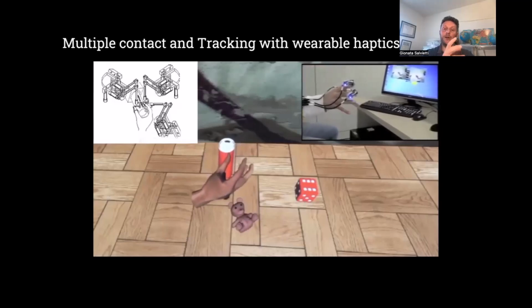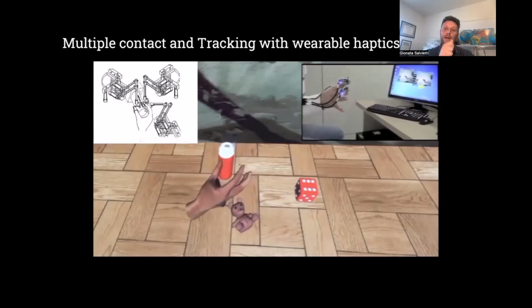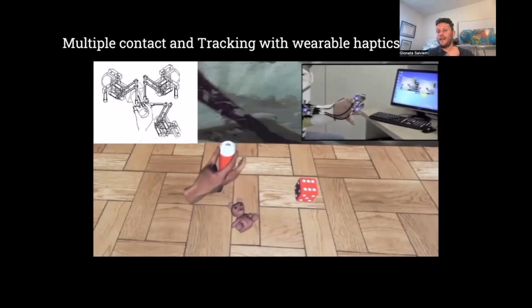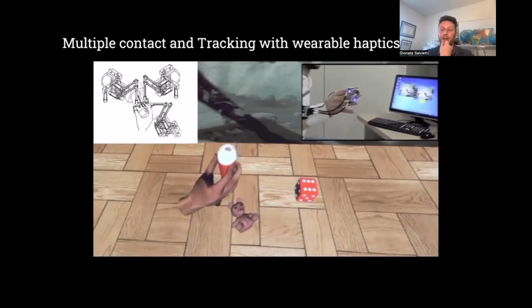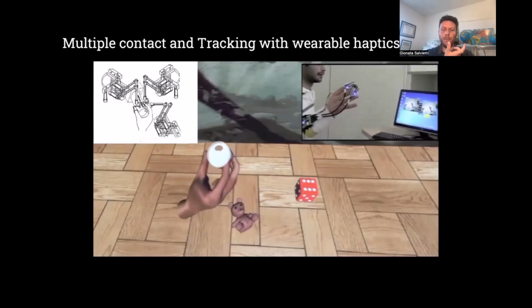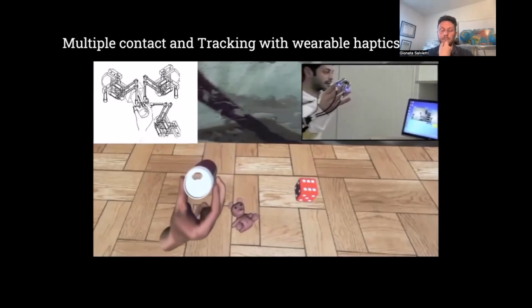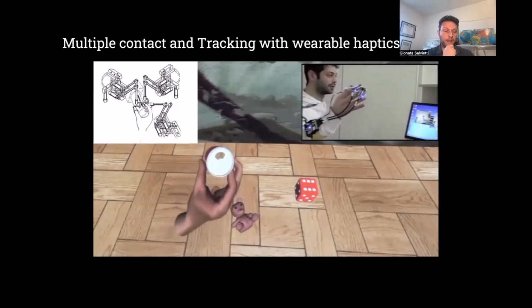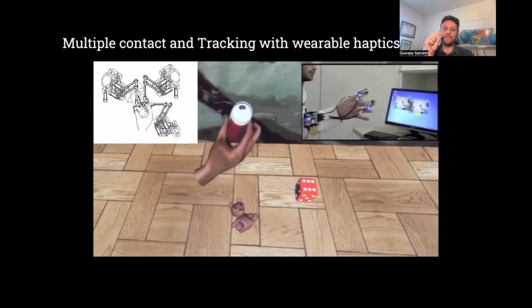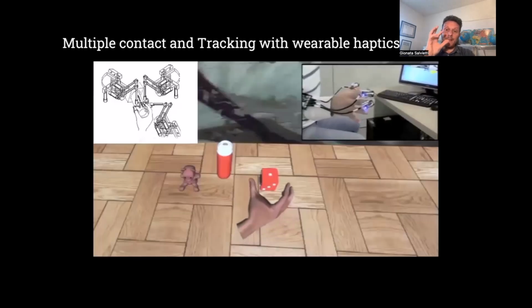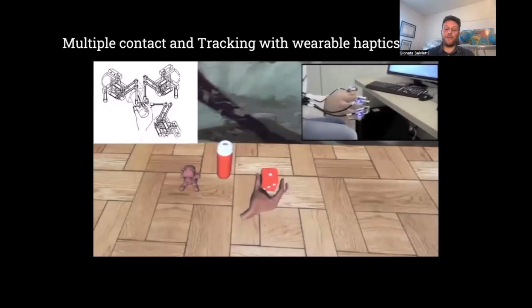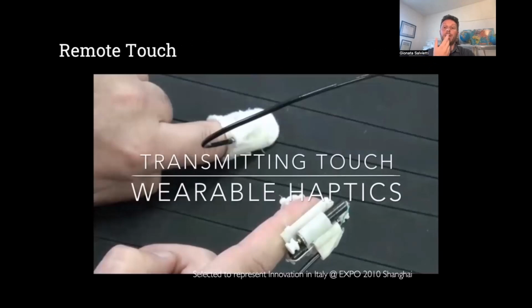So the possibility of interacting with more than one hand. If you remember in the previous slides when I was describing how we use robots to replicate the sense of touch, there was only a pen and the whole hand was touching this. In this case, you see that it is the whole hand that can interact with the object, performing more than one contact point.